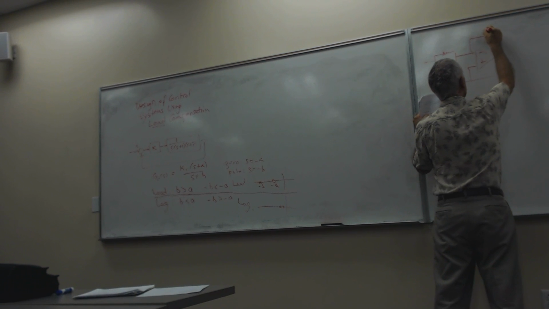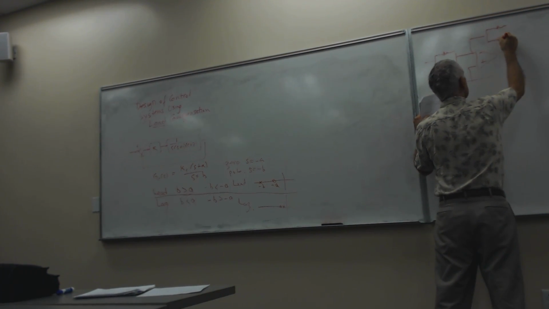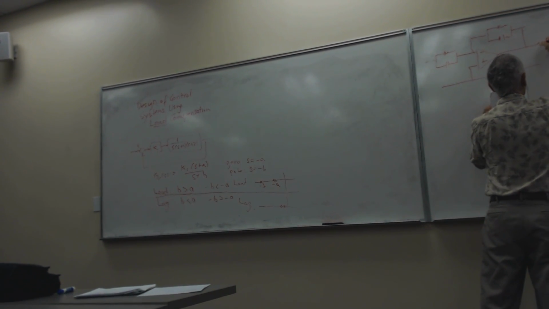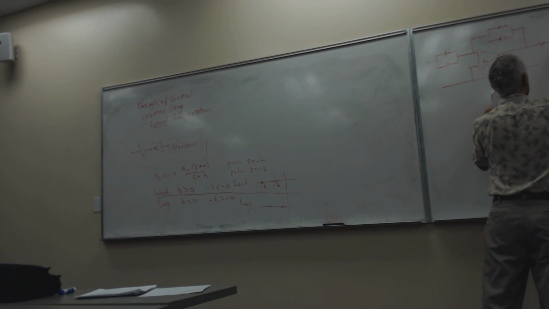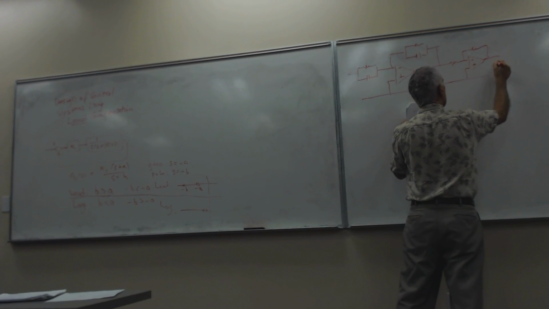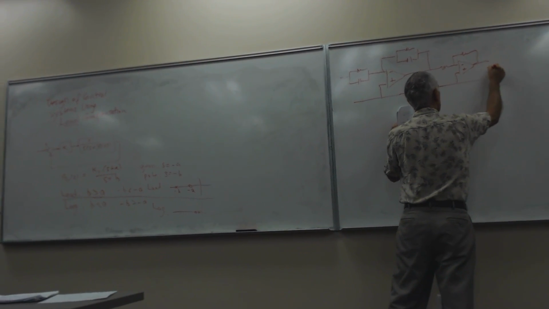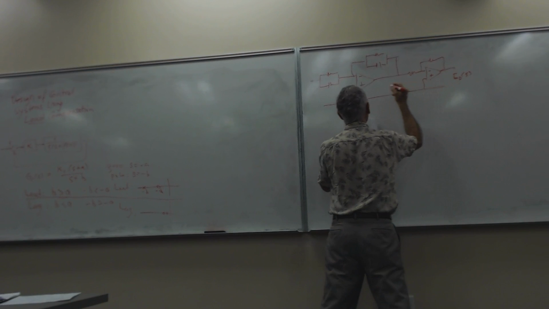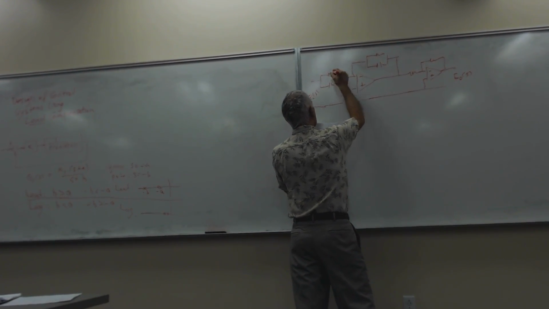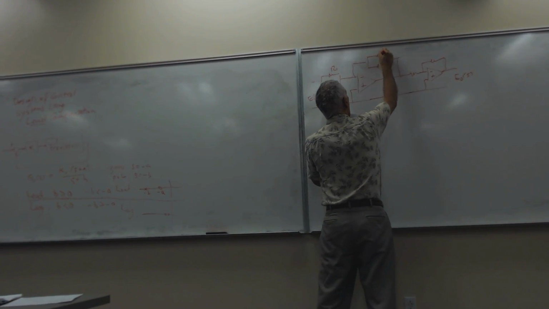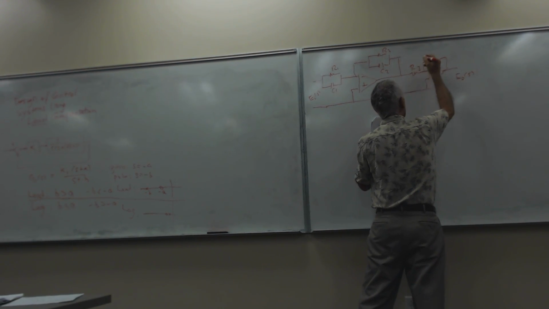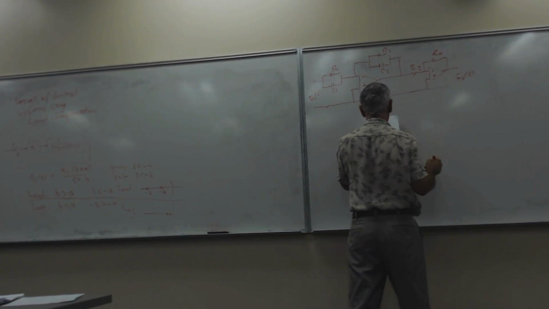Up here we have another parallel R, C, and that goes into a resistance, then into the op amp, and another resistance here. This is R1, C1, R2, C2, R3, R4.